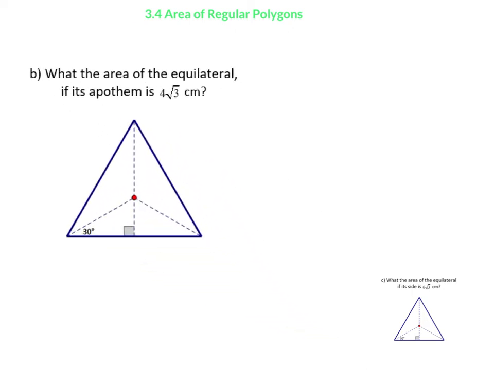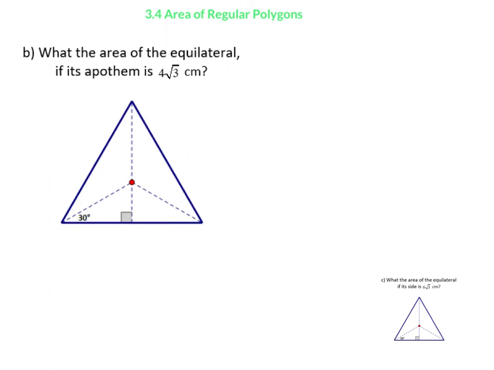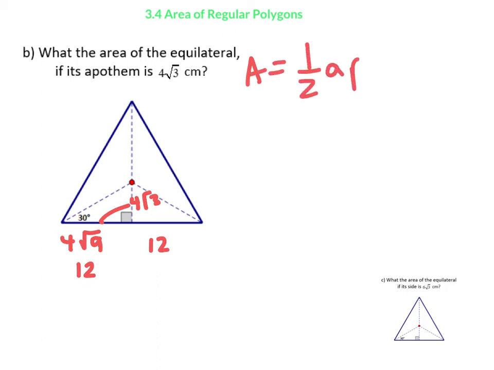Let's bring in a new one. This one says, what's the area if our apothem is 4 root 3? So 4 root 3, we multiply by root 3. That would be 4 root 9, but that's actually even a better number. That's just 12, isn't it? And this would be 12. So the area would be 1/2 my apothem times the perimeter. 1/2 the apothem is 4 root 3.